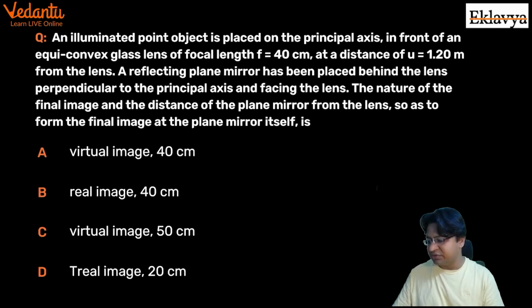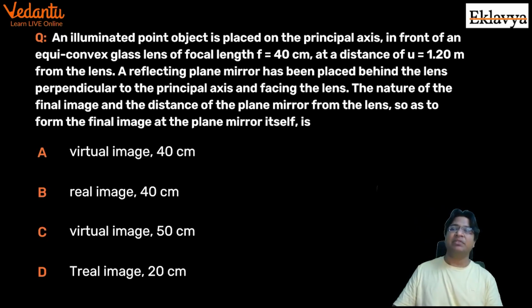There the refractive index was given, focal length was 40 and distance was 120, and we calculated the value of V. I can calculate it again, but I'm just trying to point out that if you can remember the value, you can save time. I think it was 80. Anyways, I will calculate it again.